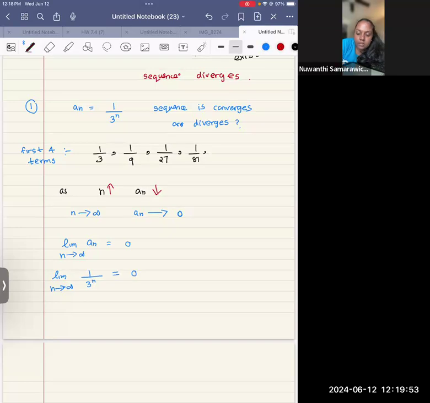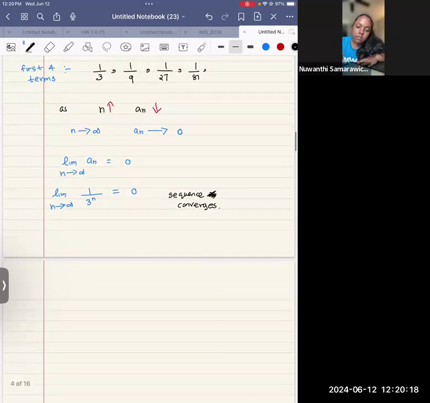So then we can say your sequence diverges or converges. It is convergent, right? So your sequence converges. Okay.